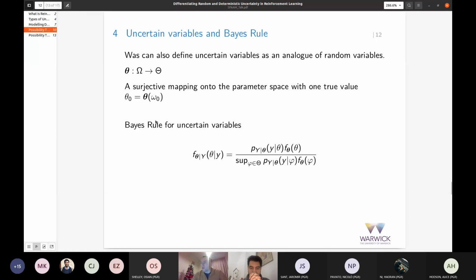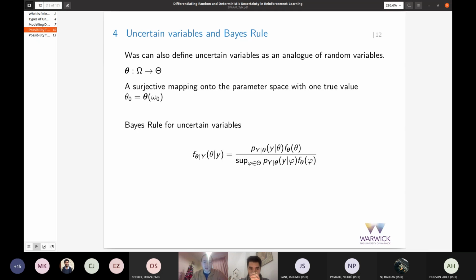Okay. And very similarly, we can develop Bayes' rule for uncertain variables and hence perform Bayesian updates in the same way that we would in the probability case. So if we go back to our list of requirements for describing deterministic uncertainty, we wanted a faithful representation of the true value of the parameter as a fixed quantity, and we've got that here with theta naught equal to the uncertain variable at omega naught.